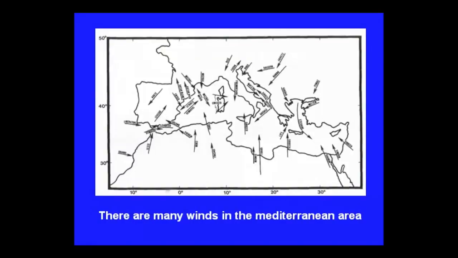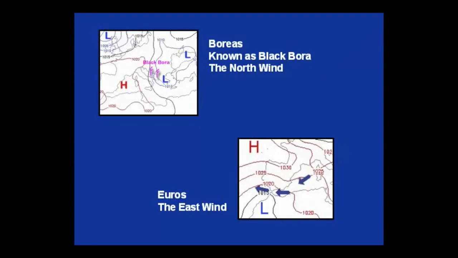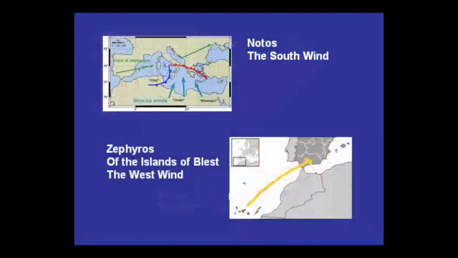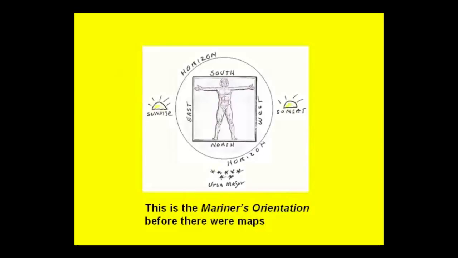There are many winds in the Mediterranean area, but only four were given the most consideration by Homer, and they were Boreas, Eurus, Notus, and Zephyros. The mariner's orientation was to stretch both arms to sunrise and sunset while facing the northern star.